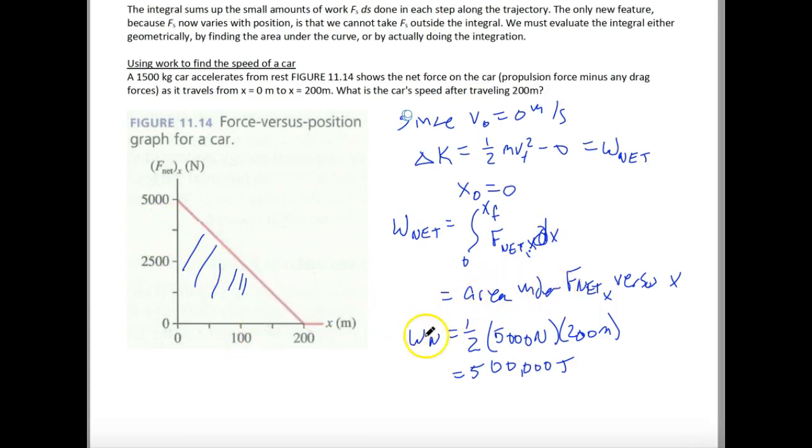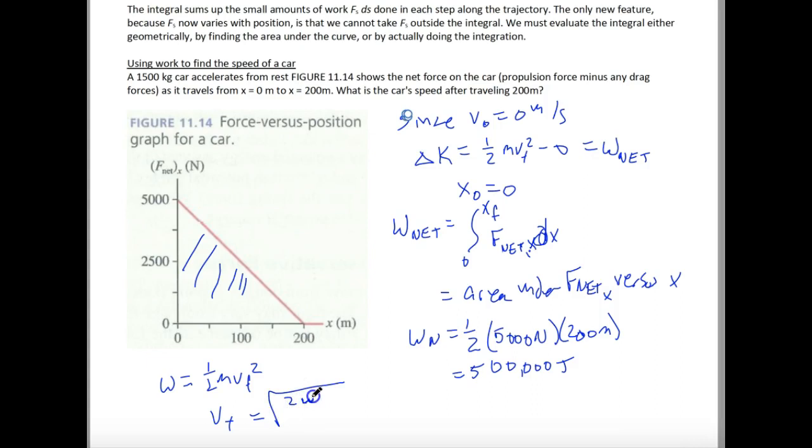So once we know how much work is being done, because this is the change, we find out that it's 500,000 joules, we can go back and use our equation here to figure out what the speed is. So if I have work is equal to 1/2 m v final squared, and I want v final, we will multiply both sides by 2.